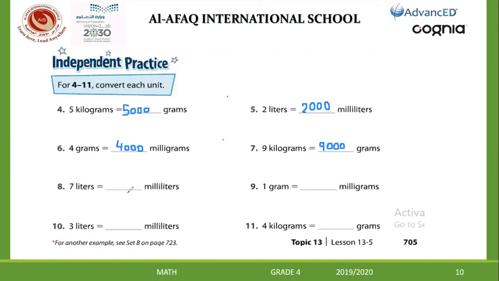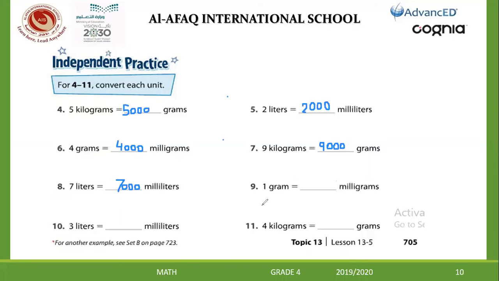What about 7 liter? If each 1 liter equals 1,000 milliliter, what about 7 liter? Repeat this 1,000 7 times, so you will get 7,000 milliliter. Great. What's the relationship again between gram and milligram? We said each 1 gram equals 1,000 milligram.